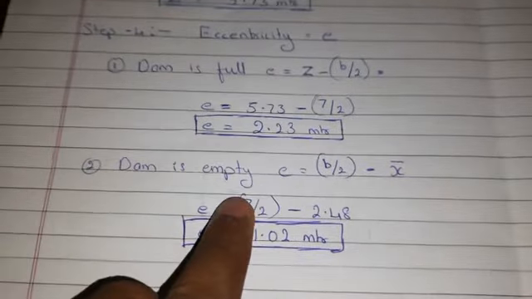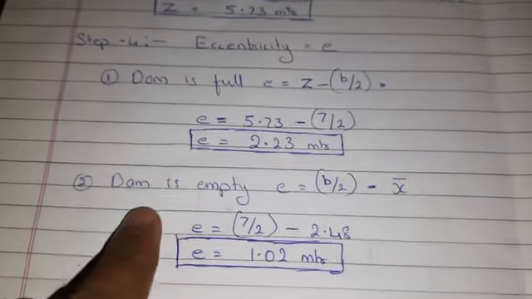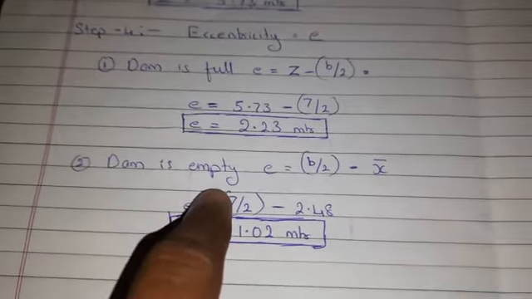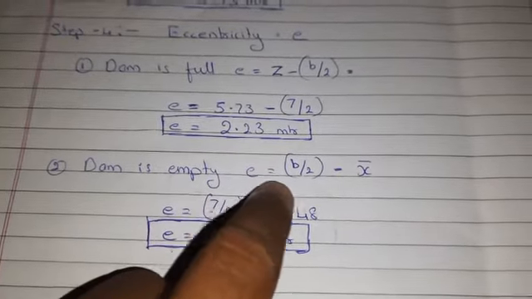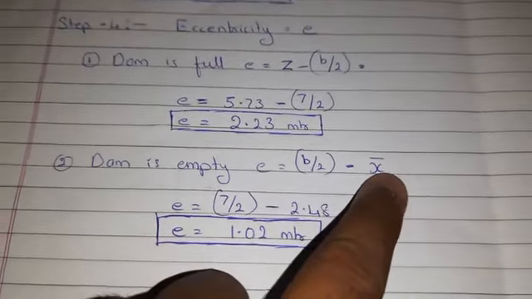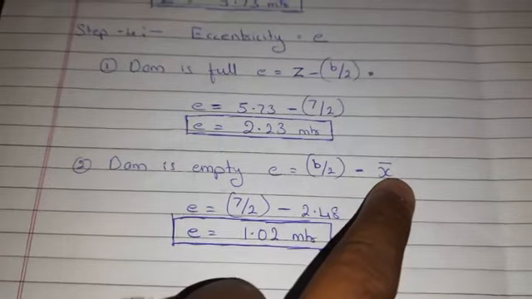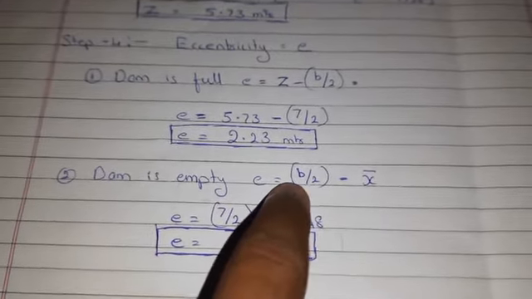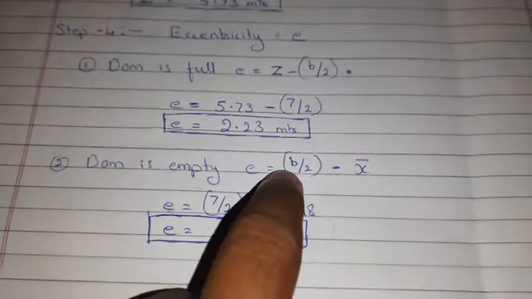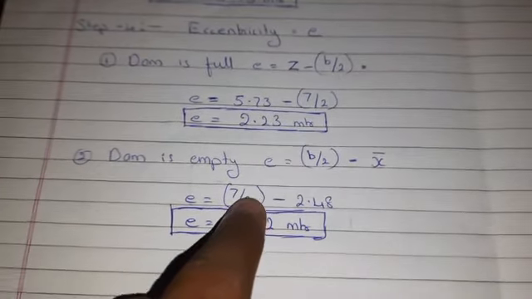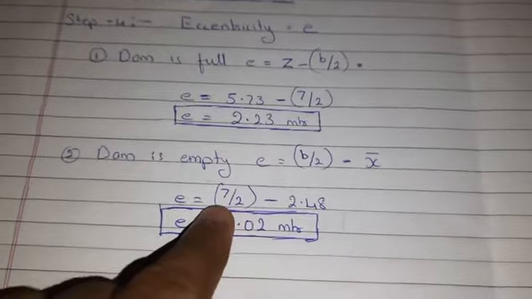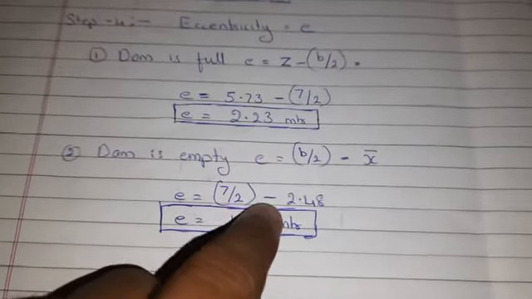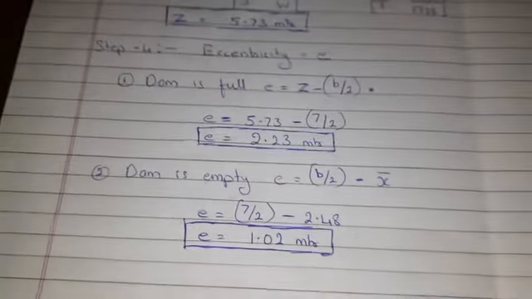Moving over to the second condition, when the dam is empty, eccentricity e is given by B by 2 minus x bar. x bar is the distance from the water face to the CG, and B is again the base width of the dam. When we substitute the values, B is 7 meters, so 7 divided by 2 minus x bar, which is 2.48.